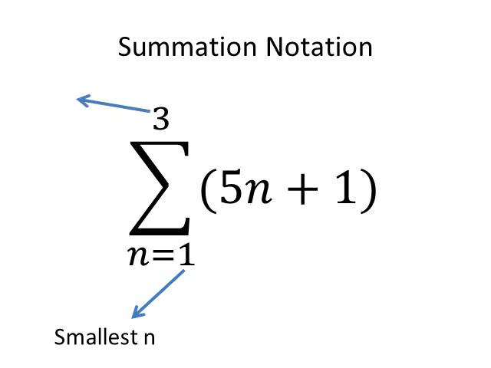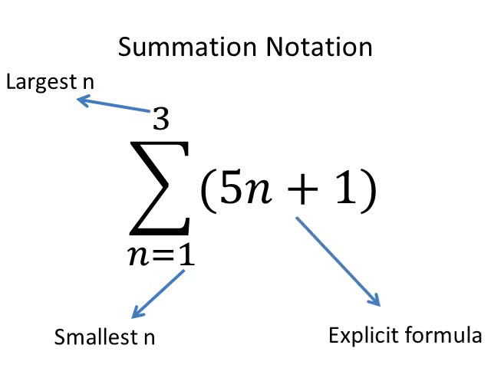On top of the sigma is the biggest number you're going to be plugging in for n. And to the right of the sigma goes the explicit formula you use to find all the different terms in the sequence. By putting that sigma next to it, we understand that it's a series, because you're summing that sequence that you've demonstrated by the explicit formula.